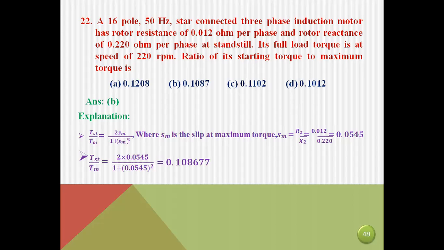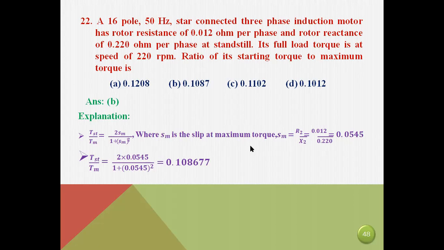The slip at maximum torque we take as Sm, and it will be maximum at maximum torque. So we can calculate slip equal to R2 upon X2. R2 they have given, X2 they have given.